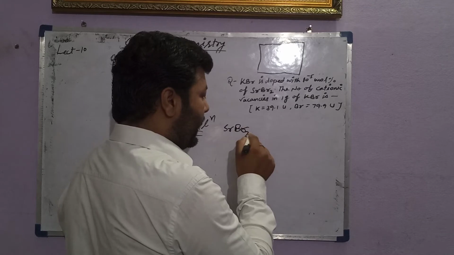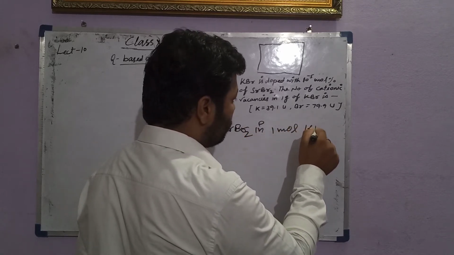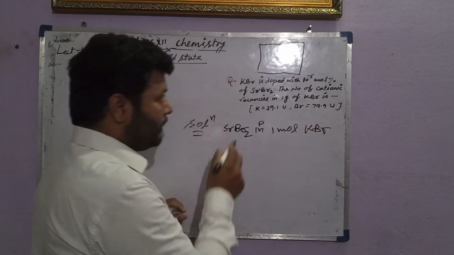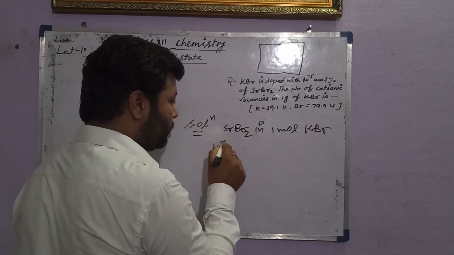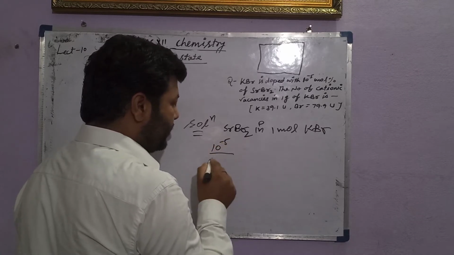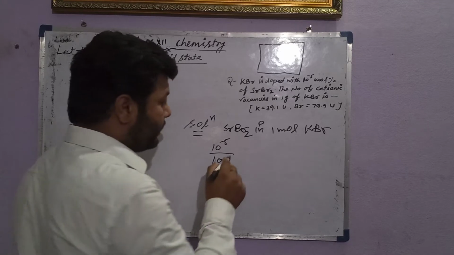We are doping SrBr2 in 1 mole KBr. That will be 10 to the power minus 5 mole percentage upon 100. Percentage means upon 100.